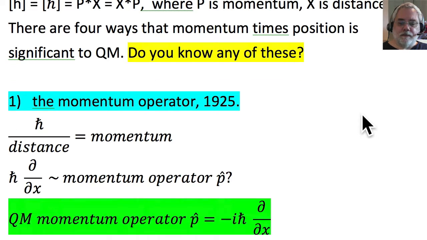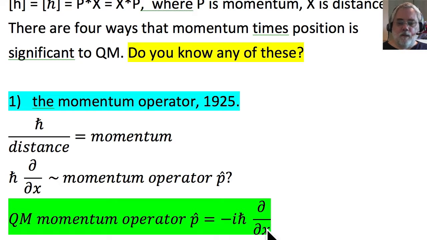And in fact, along with the Schrodinger equation, there is a quantum mechanical momentum operator. In one Cartesian dimension, that momentum operator is minus i, where i is the imaginary number square root of minus 1, which has no units, times h bar, which is momentum times position, times a derivative with respect to x.